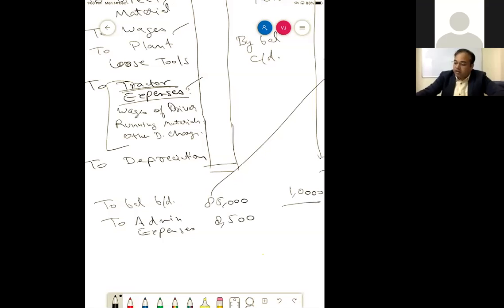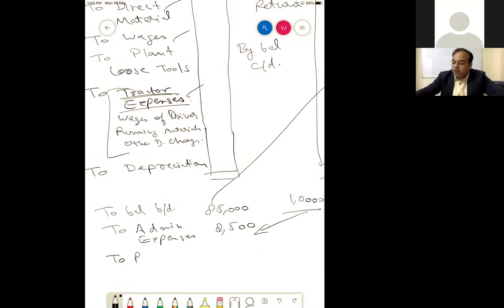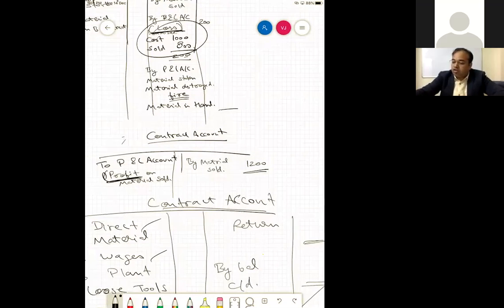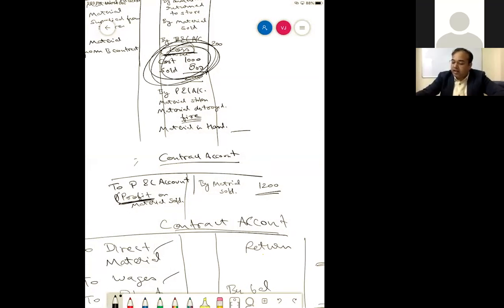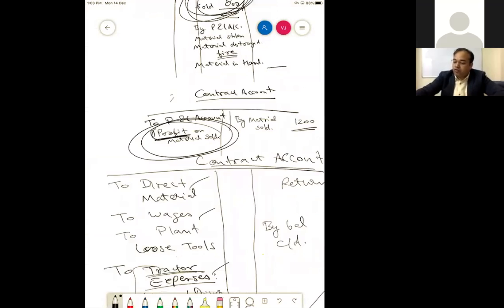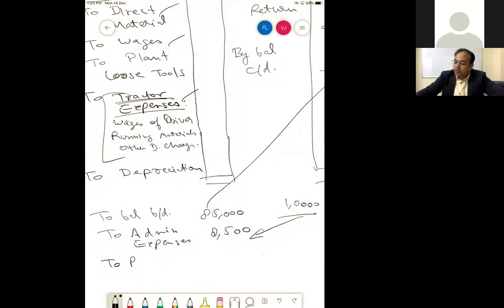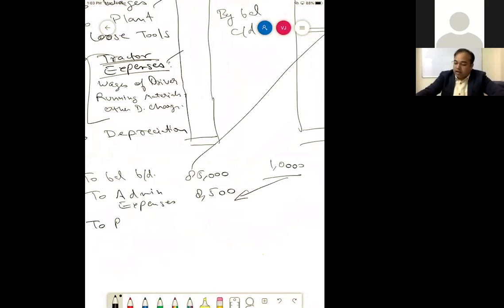Rest of the figure you transfer. I told you that if you have a loss, you show it on your right hand side, and if you have any profit, you show it on your left hand side.